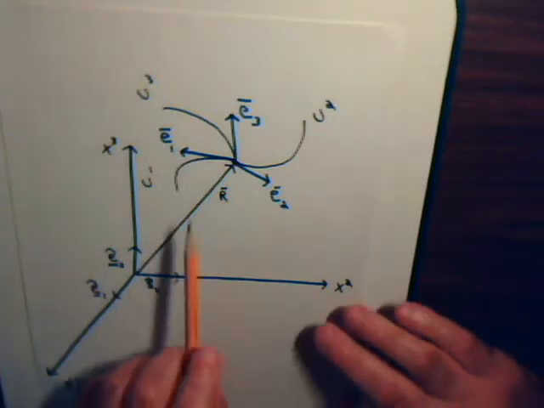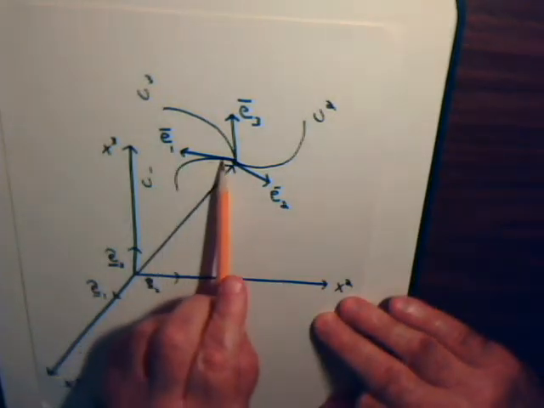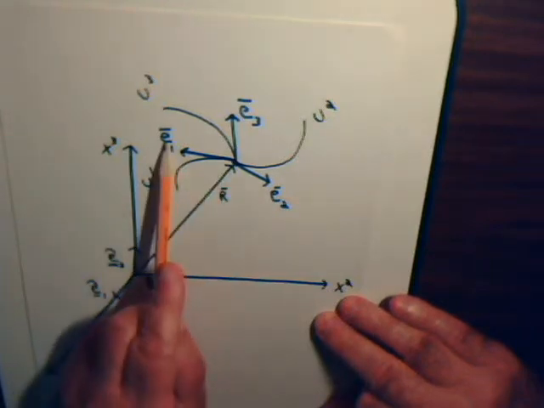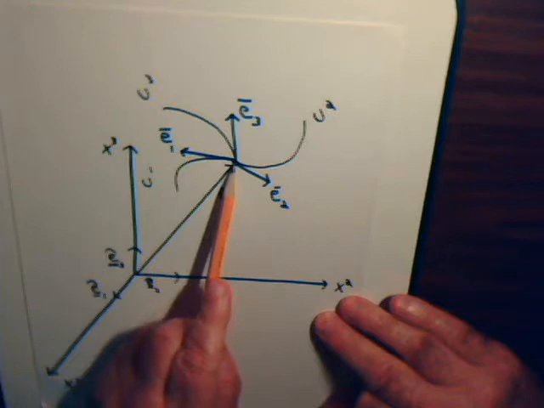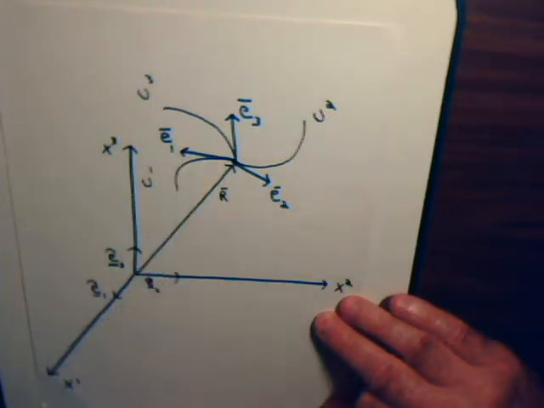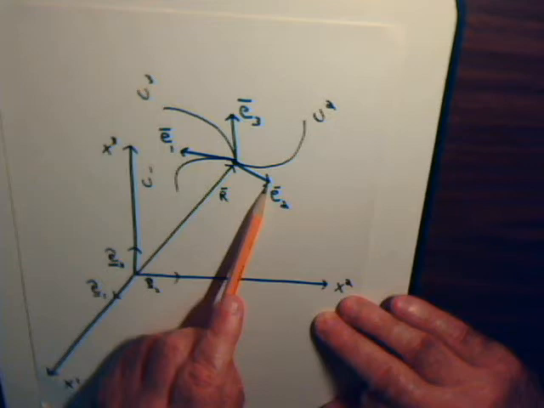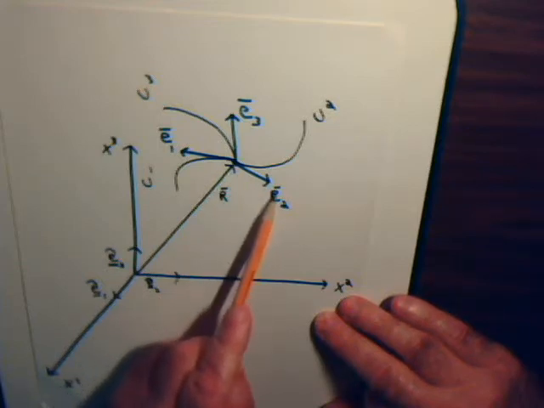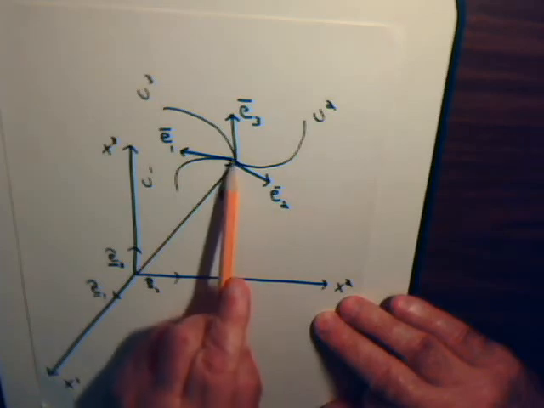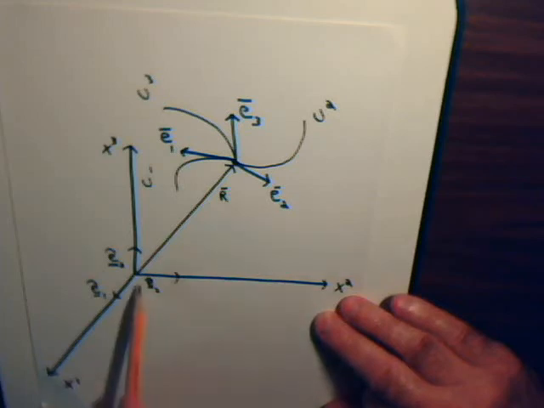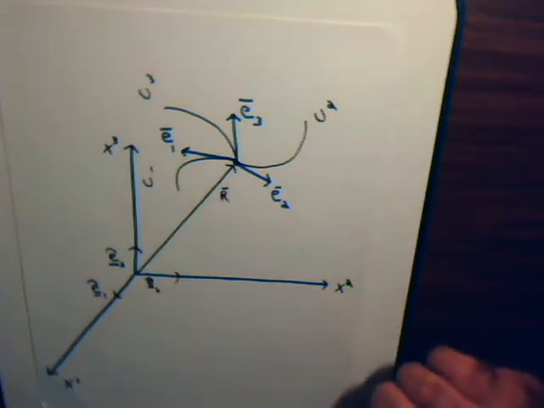Now, here we have the u1 coordinate axis, the point P, and this is a tangent vector, a vector that is tangent to the coordinate axis u1 at the point P. And this is a tangent vector, again tangent to the u2 coordinate axis at the point P, and this is tangent to the u3 coordinate axis at the point P. And here is our position vector r.